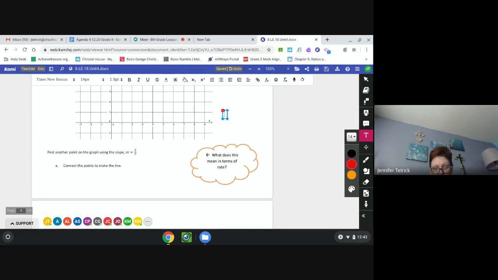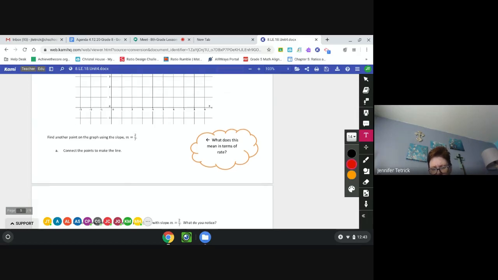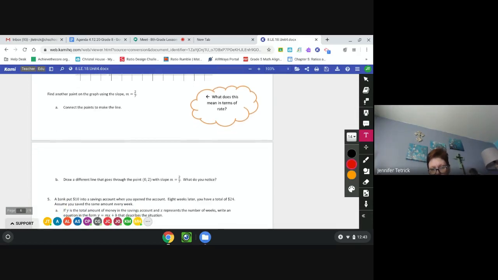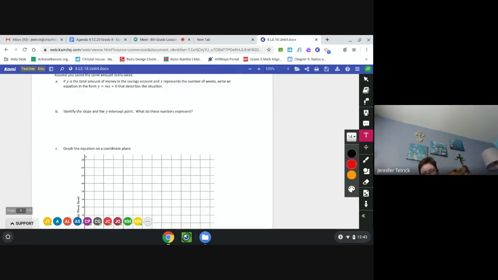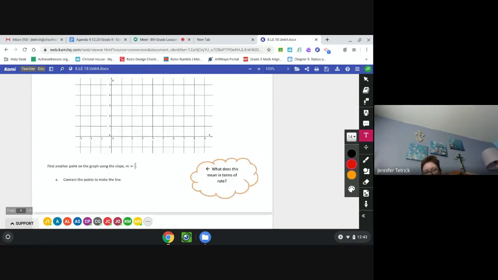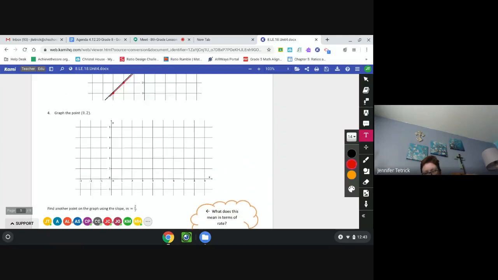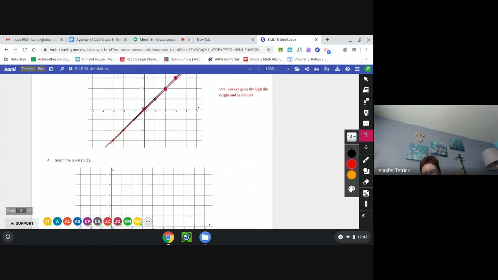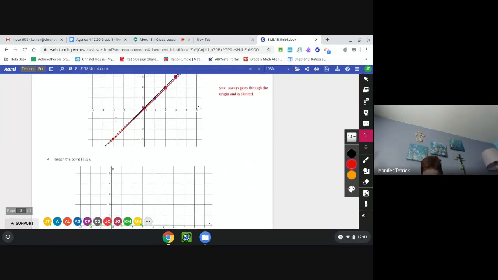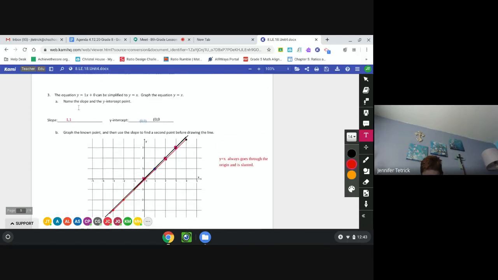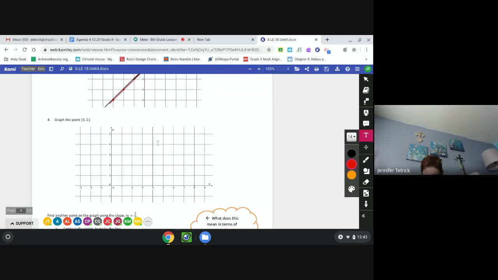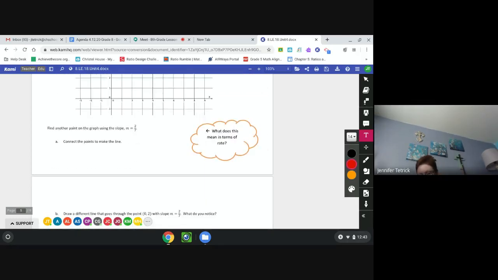Now it wants us to find another point on the graph using this slope. Draw a different slope. Okay. For this part, we're going to skip. So what it's saying is that if our slope was not 1, 1 and it was 2, 7 instead, would we have the same answer?